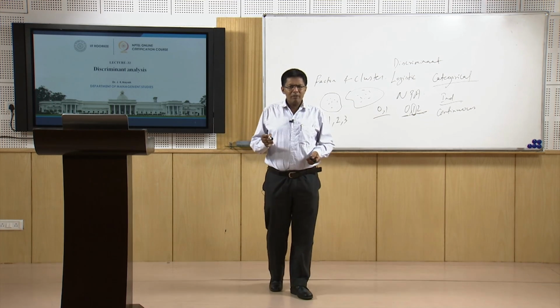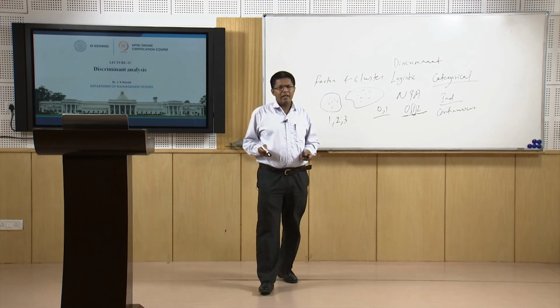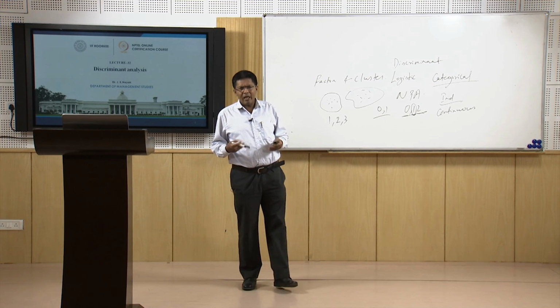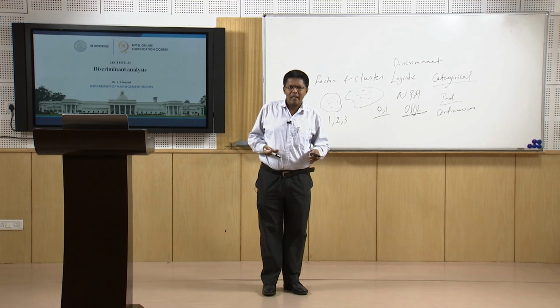So, the possible predictor variables, for example, in this case are number of cigarettes smoked per day. How many cigarettes the person is smoking per day is one of the important predictor variables. Second is the coughing frequency, how many times is he coughing, right. That would indicate whether he has lung cancer or not.